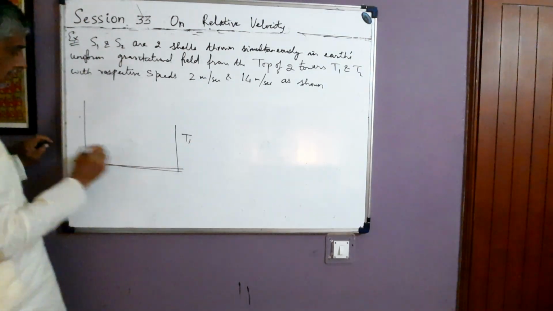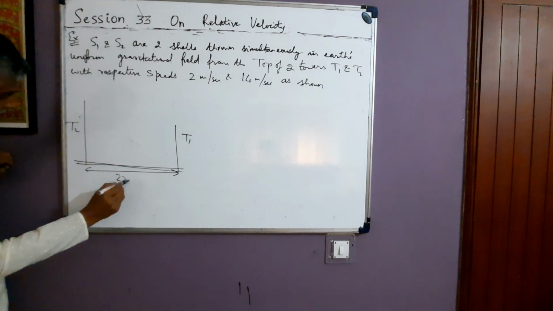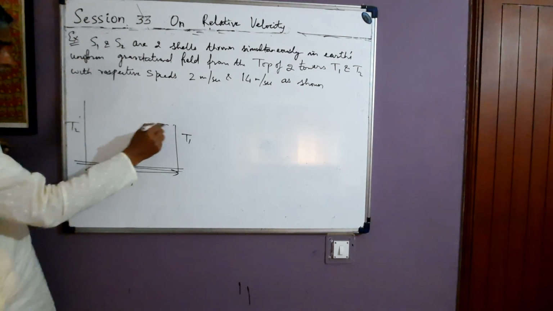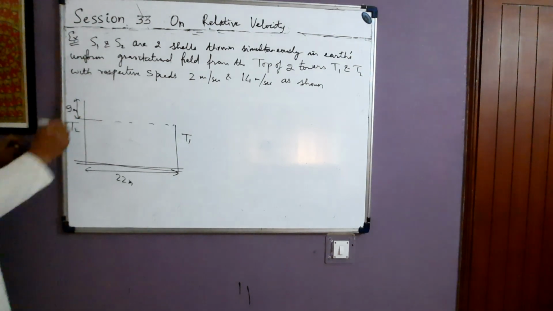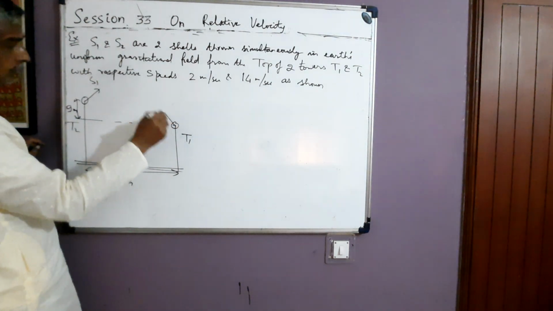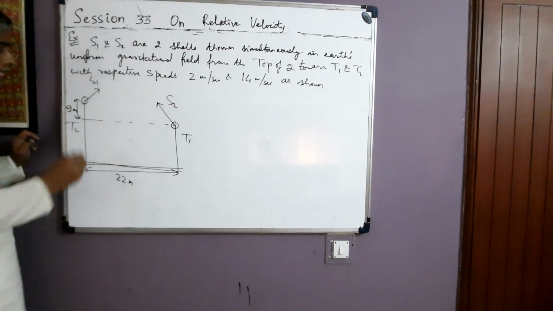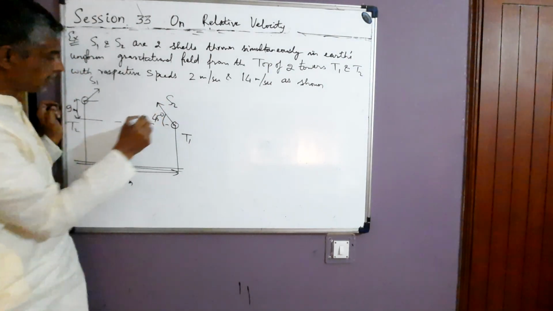These are the two towers T1 and T2. Vertical separation between these two towers is 22 meter and the height difference between the two towers is 9 meter. A shell S1 is thrown here and shell S2 is thrown here simultaneously, at an angle of 45 degree.